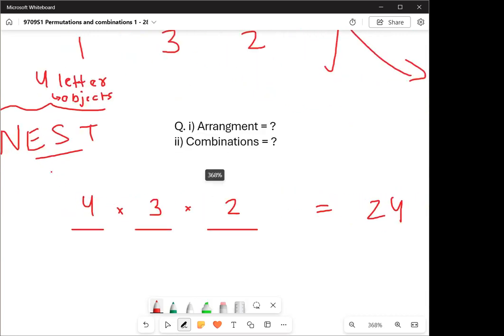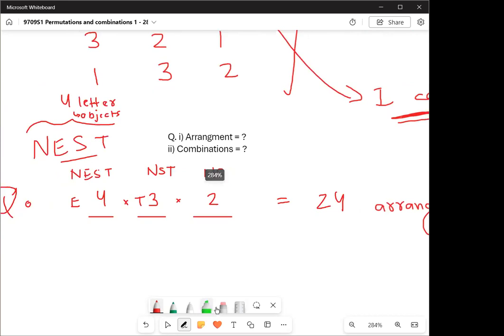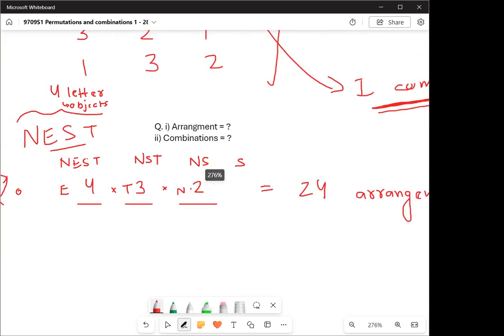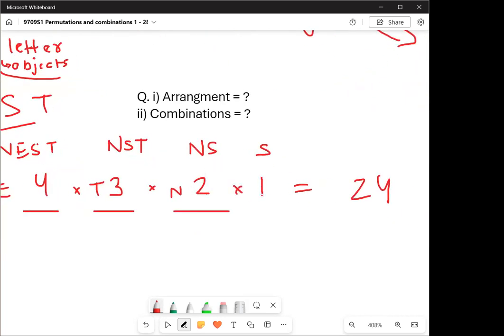That was the logic behind it. I could put any letter in the beginning. Then I could put whatever I chose here. If I chose e, then only n, s, t are left. Is it 4 factorial, right? It's not 4 factorial. It's slightly different. It does look like 4 factorial, but the ending one is not there.